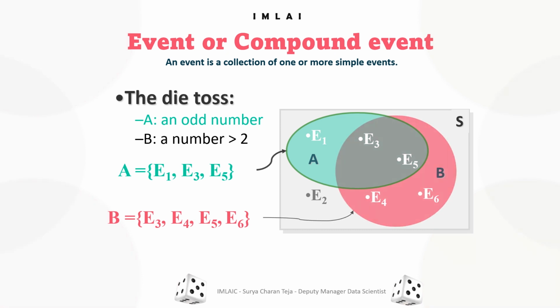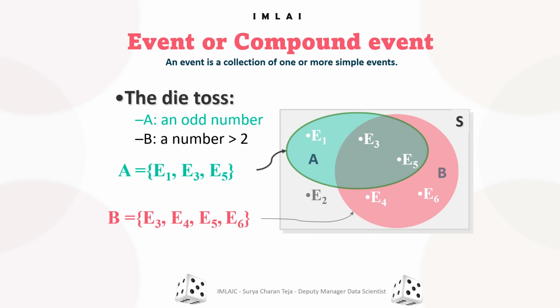I hope it's clear now. I'm just repeating one more time. We started with a probability experiment. Obviously, if you do a probability experiment, the outcome of the probability experiment is called a simple event. When you put all the possible simple events together in a set, we call it a sample space.